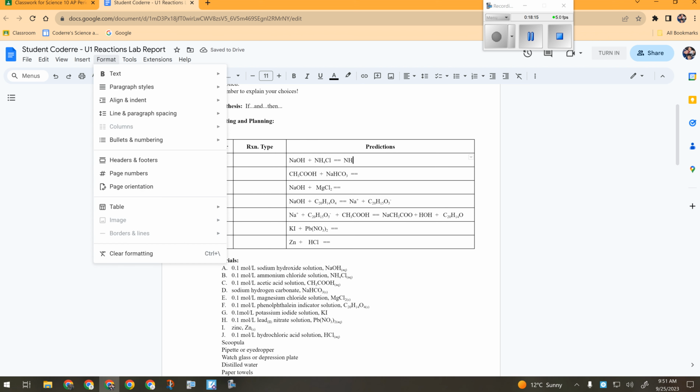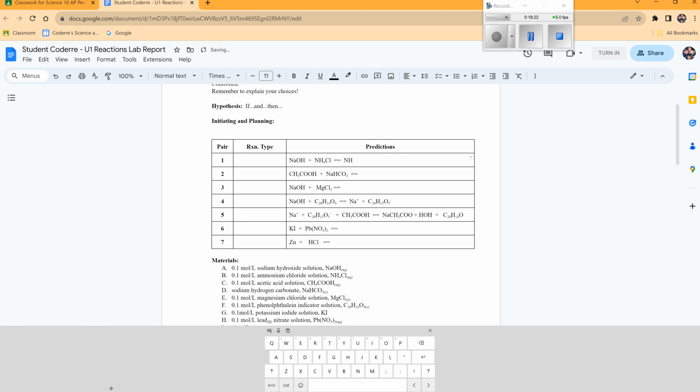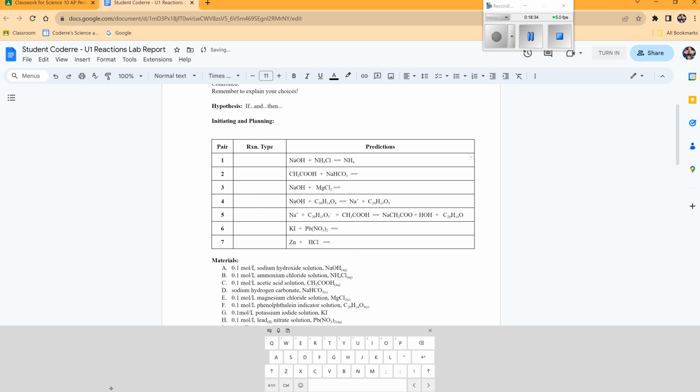Go to format, text, and subscript right here. Then type in the number you want, 4, and then get out of subscript: format, text, undo the subscript. Now you're back to normal, and you can type OH, and then plus, and then we would have NaCl.